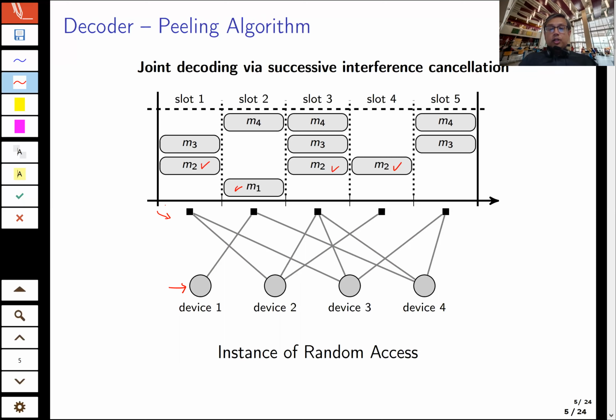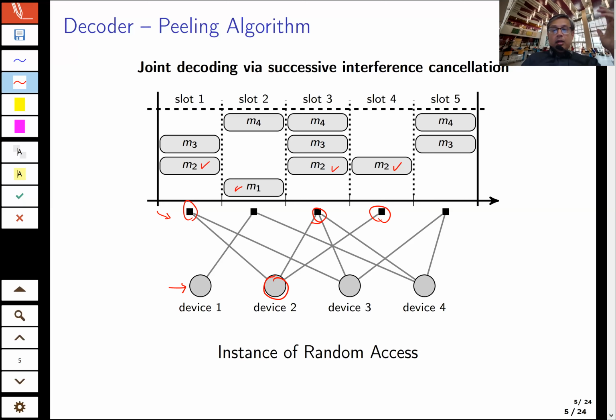And you can draw an edge between a device and a slot if that device repeated its information in that particular slot. So you can see that the graph that corresponds to this particular instance of the multiple access is given below. And you can see that device 2 transmits in slots 1, 3, and 4.